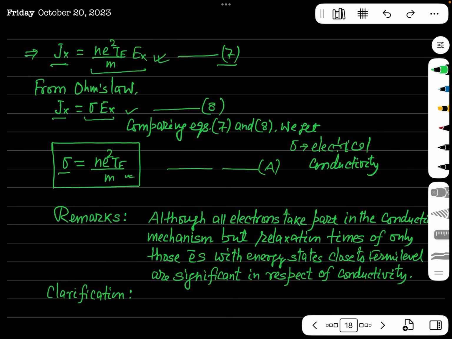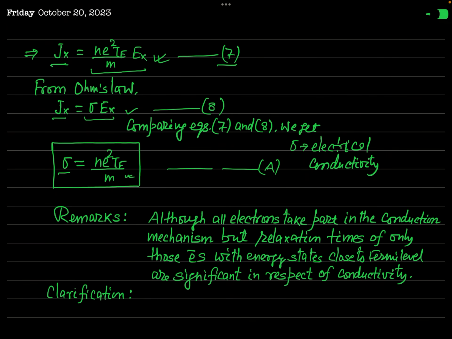When we applied the Drude model, we did not talk about the Fermi level because the Fermi level is a quantum mechanical concept. And in that equation, you have seen that sigma was obtained as Ne square tau over m. In some of the books, you will also find a factor 2 here, although that is not very correct or appropriate.